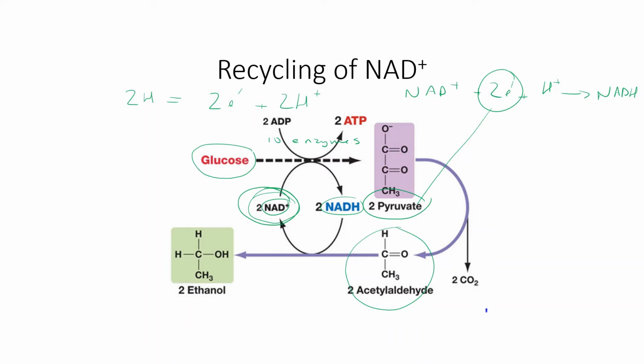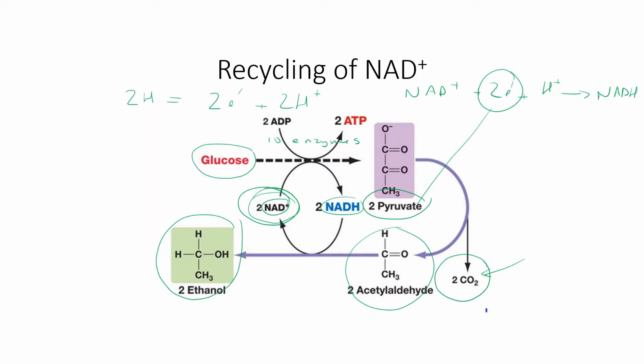The end product of this is ethanol in a yeast cell, and also carbon dioxide is given off, and that's what we're going to be measuring as a guide to how well this process is progressing in our yeast in the lab.